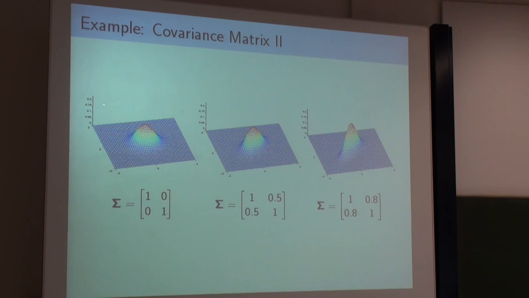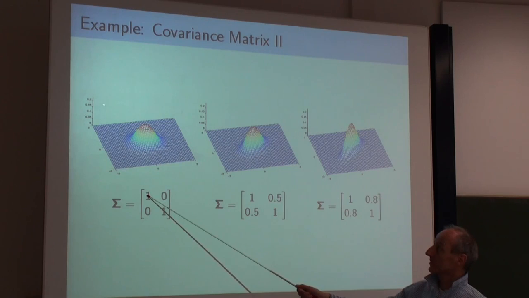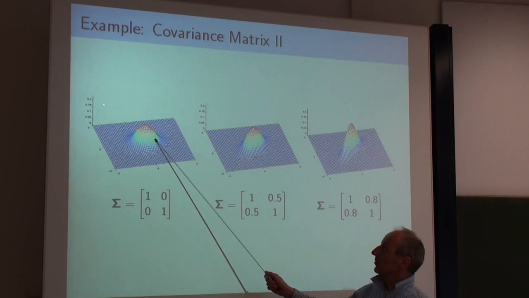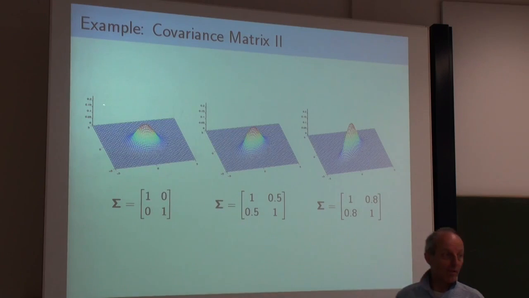Do we have such an example? Let me see. No, sorry. Here you have a circle. If we would have, for example, 3 here in x direction and 1 here, then it would be an ellipse which is stretched in x direction.